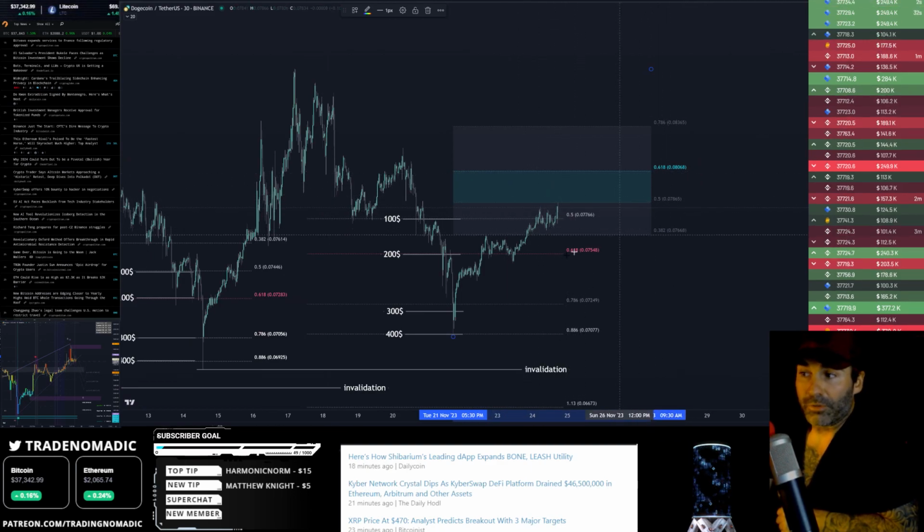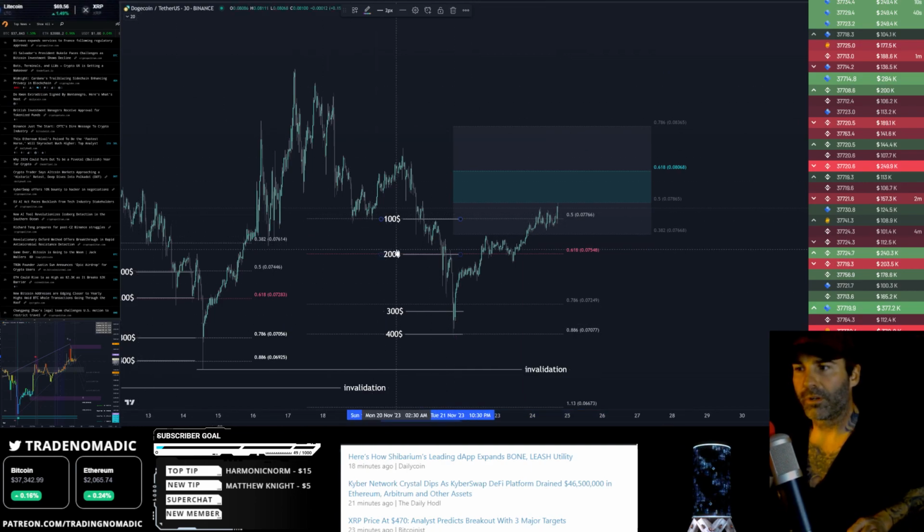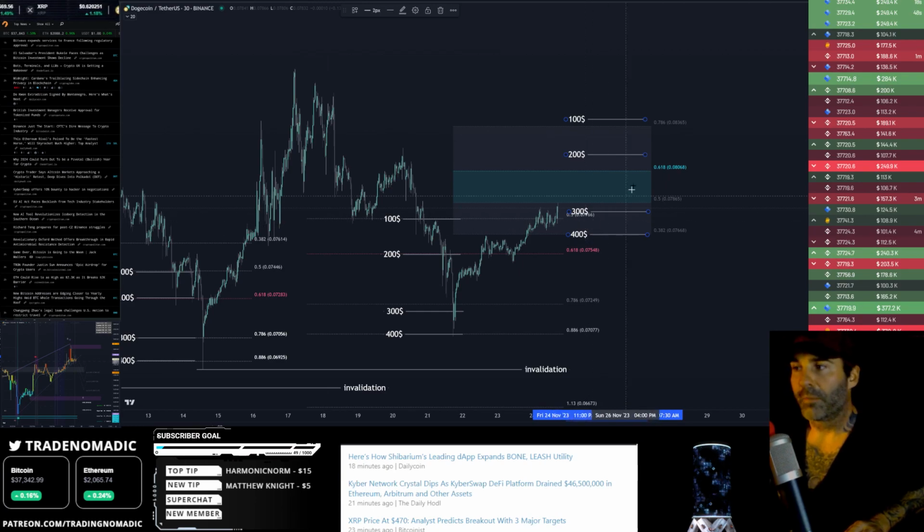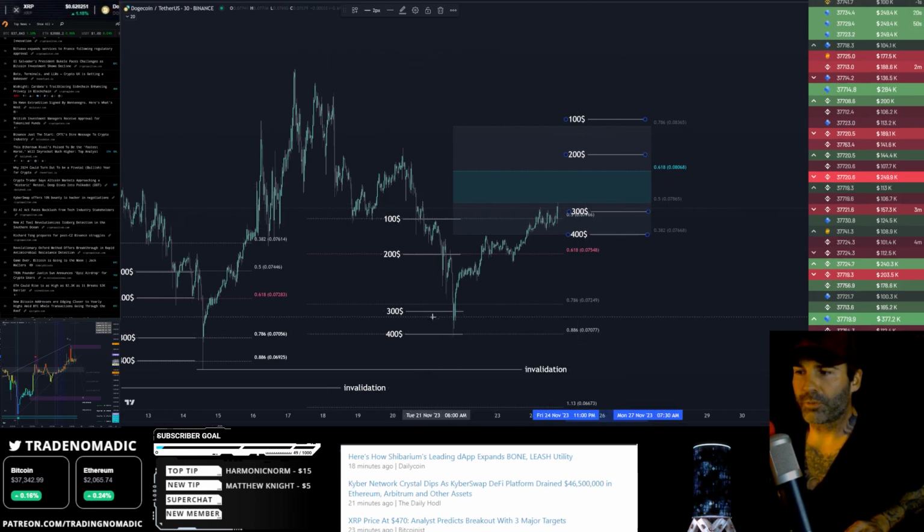So instead of the extension, you could say, I bought my orders on the retracement, now I'm going to sell my orders also on the retracement. And yes, price might end up making a new high, but because you bought the lows, this is a very equitable trade just to sell the retracements.